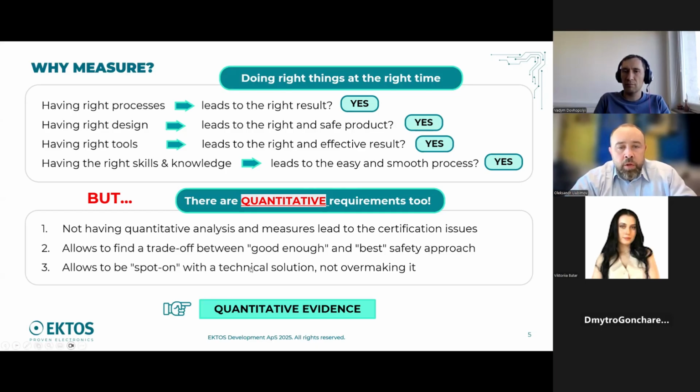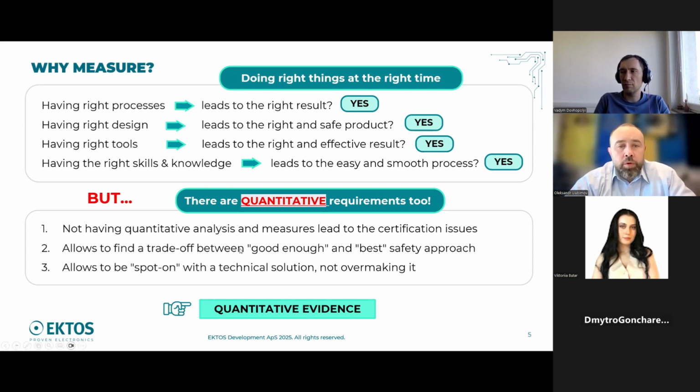Secondly, if we cannot prove and generate so-called quantitative evidences, we cannot actually defend our safety case. So it's really important to understand that quantitative evidences are like hard artifacts, hard in terms of explainable and defendable artifacts we need to create when we do functional safety products development.